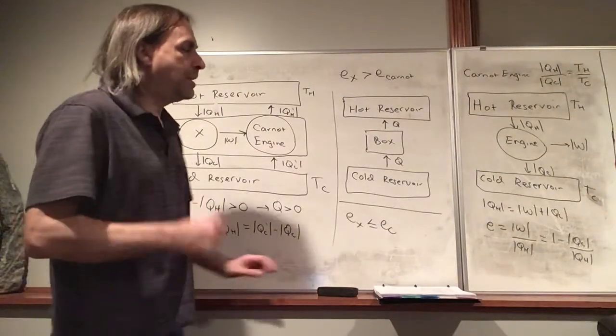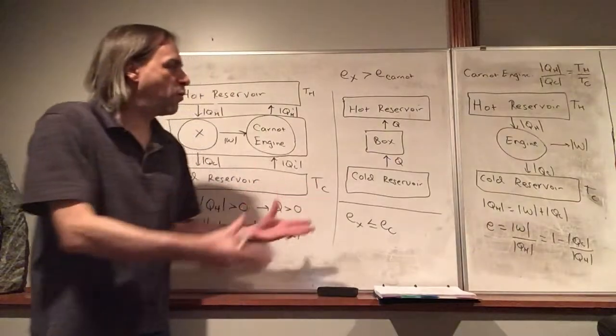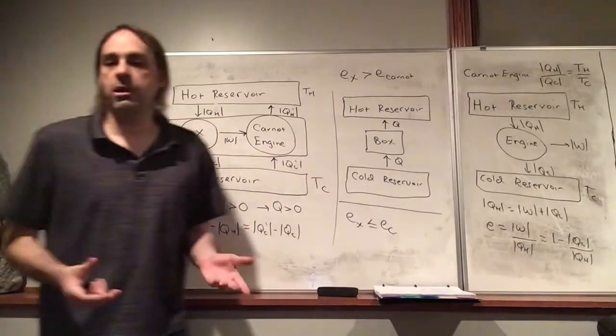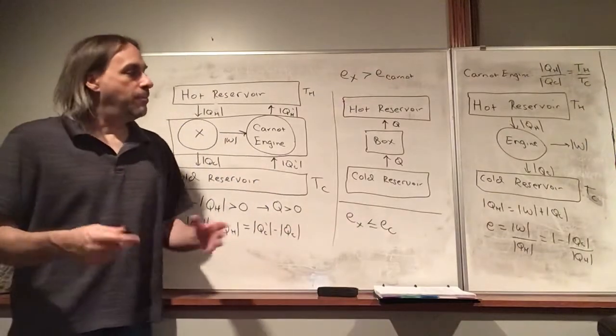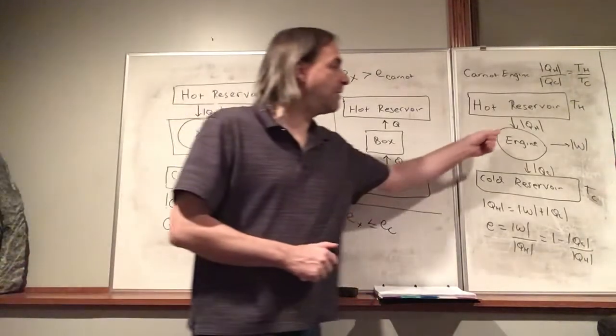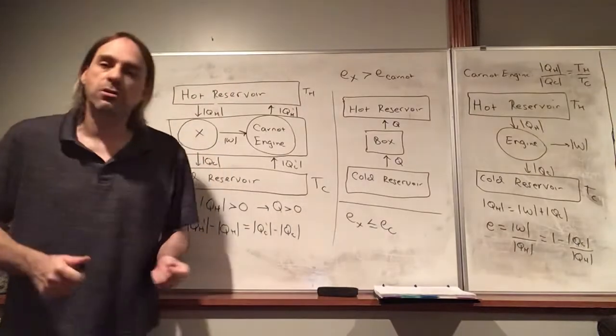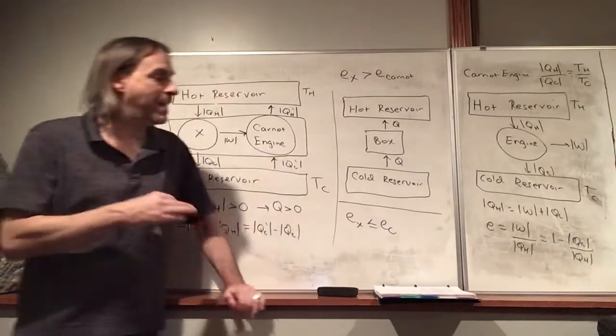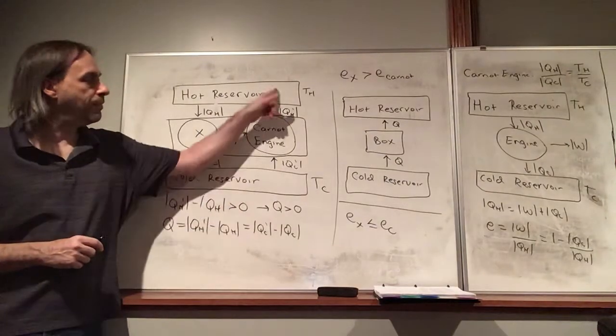And that's really an amazing result because, remember, we say, okay, we have some engine. How does this engine work? Well, there's a lot of examples. But just based on these fundamental ideas of thermodynamics, like the first law and the second law, we can make this definite statement that there's a maximum efficiency possible.